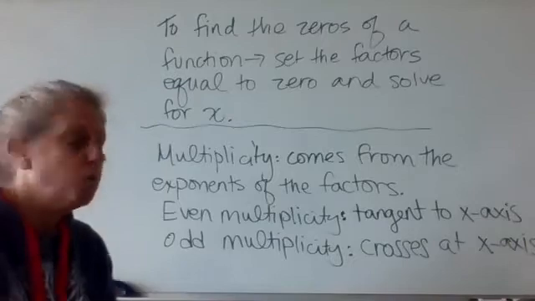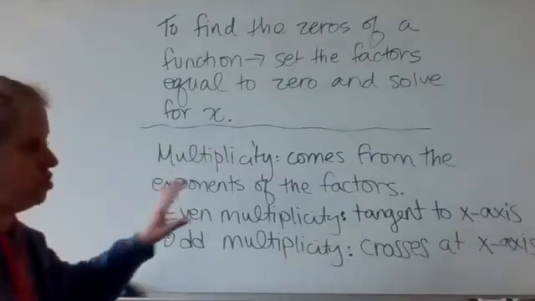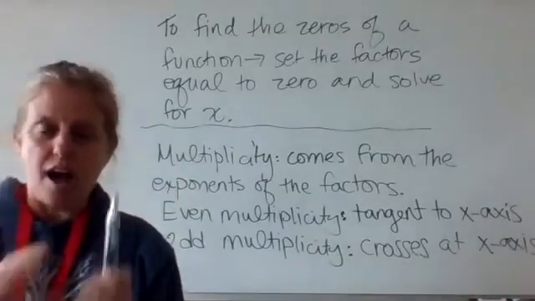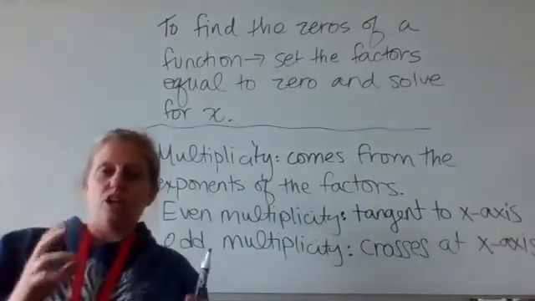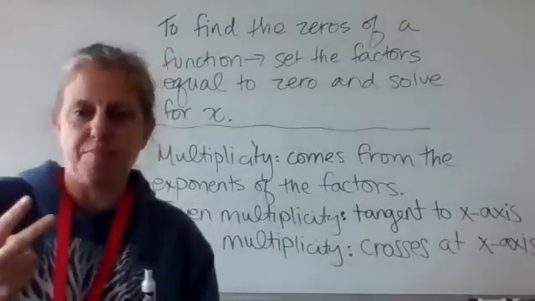Now what the multiplicity tells you is, for each particular 0, there are two kinds of x-intercepts.